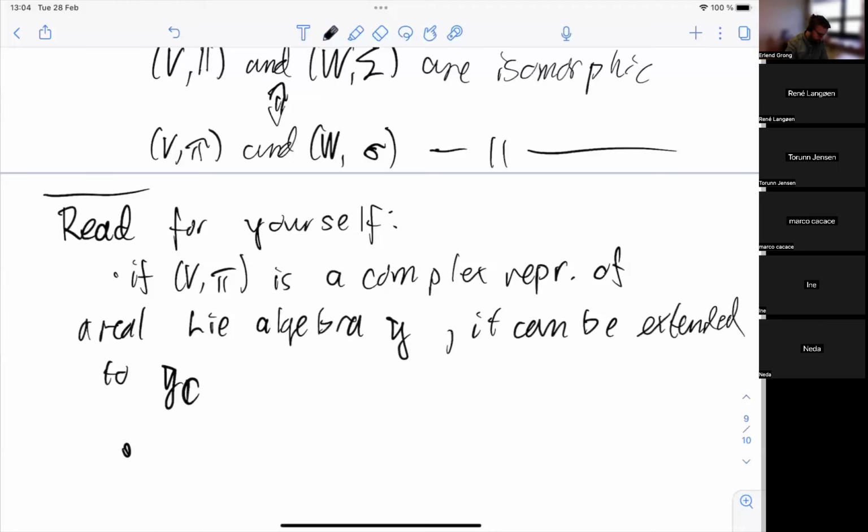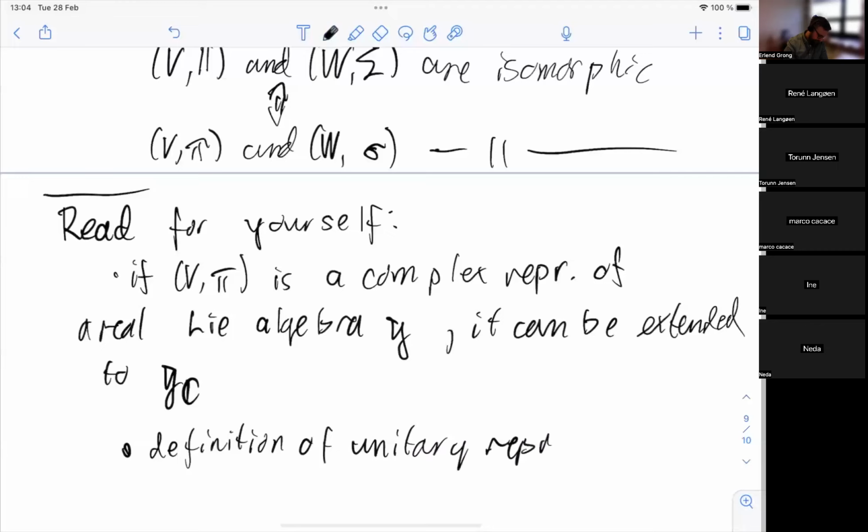It's fairly straightforward. And then the definition of unitary representations, because these are also quite important going forward, but they are straightforward definitions of what it means to be unitary in the setting.